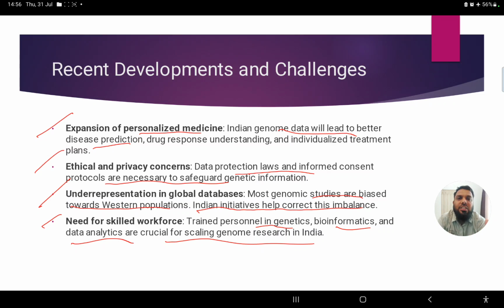They can prefer such areas because in future such trained personnel are highly required. So once you understand this, if there are possibilities in your graduation as well as in post graduation, you can opt for such kind of subjects.